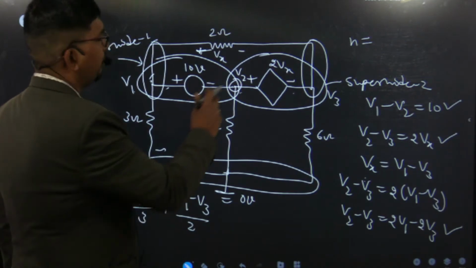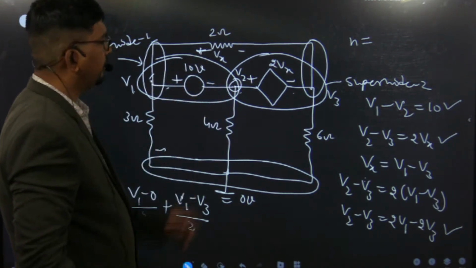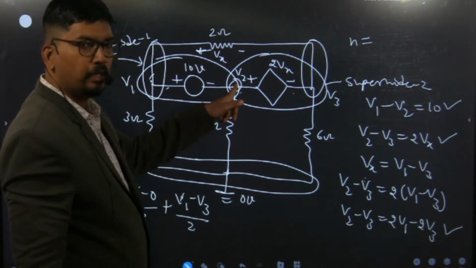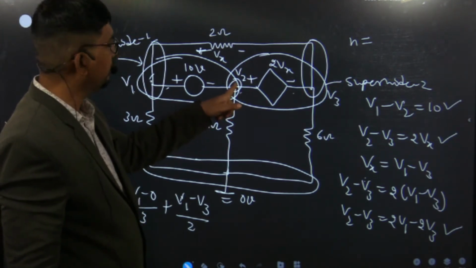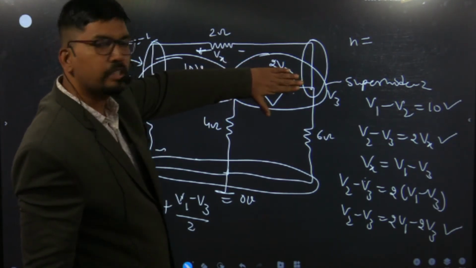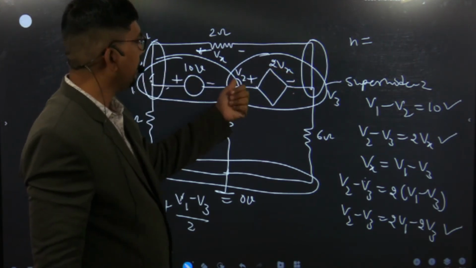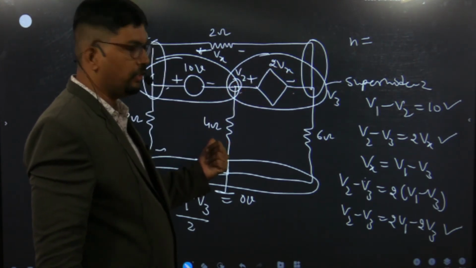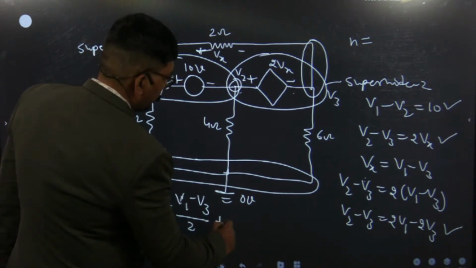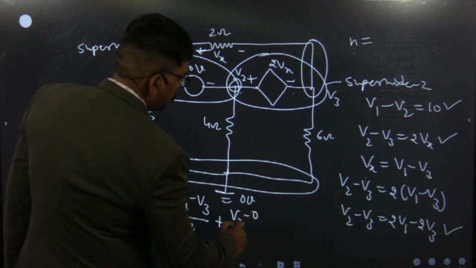Now, what is the current at the V2 node? Because it is a super node case, we forget about this source and this source also. So there is only one element pending at the V2 node, and the current there will be V2 minus 0 upon 4.